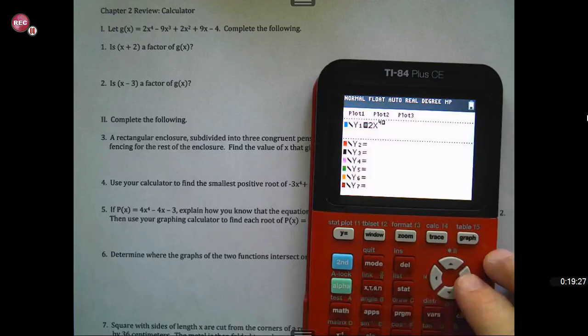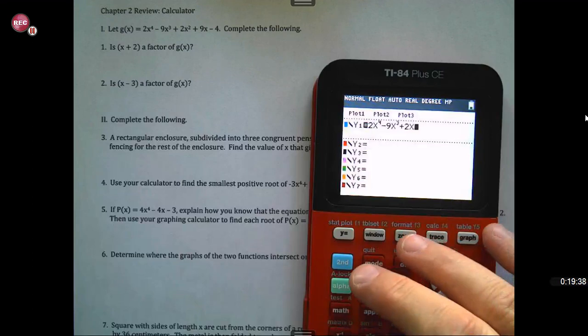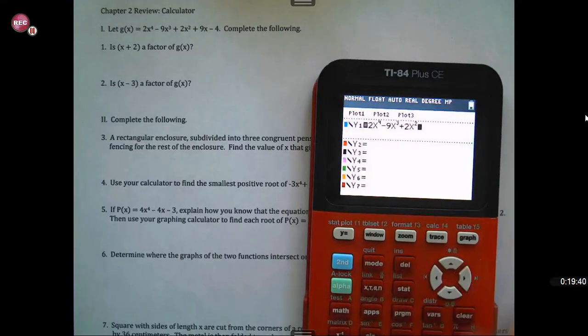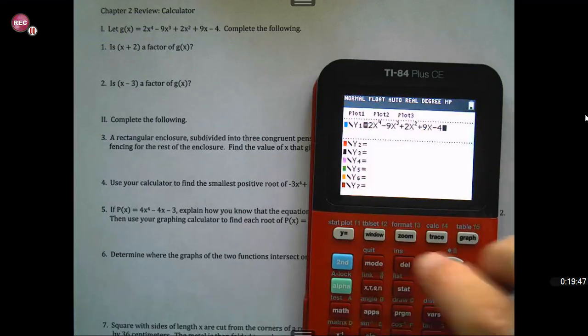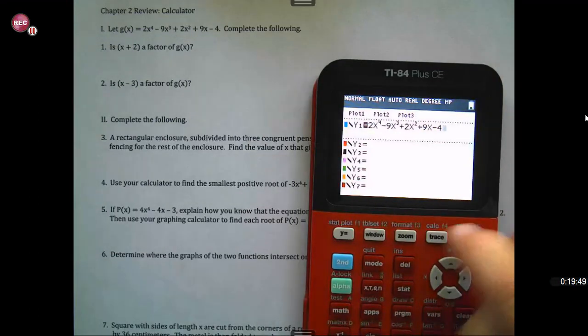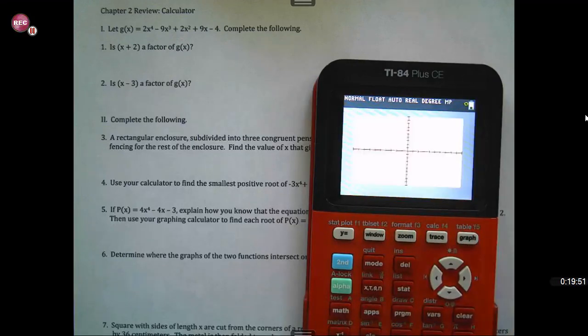It's 2x to the 4th minus 9x to the 3rd plus 2x squared plus 9x minus 4. And it doesn't matter what the graph is going to look like, because I'm just going to find f of negative 2.